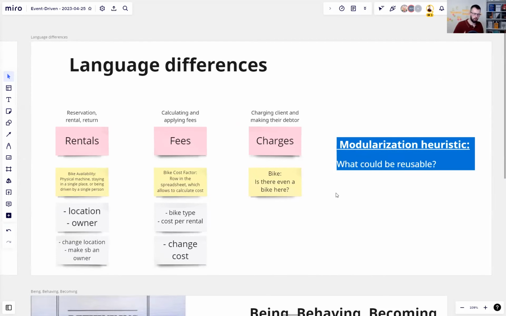What kind of modules, what kind of processes can be reused to improve our adaptability to other problems, to other situations.